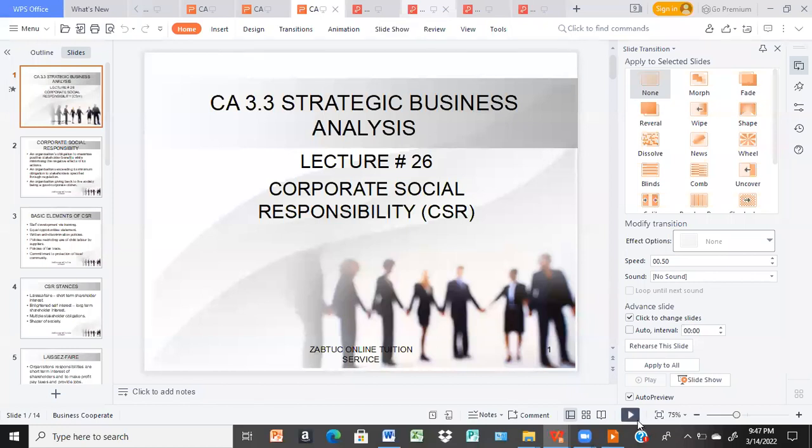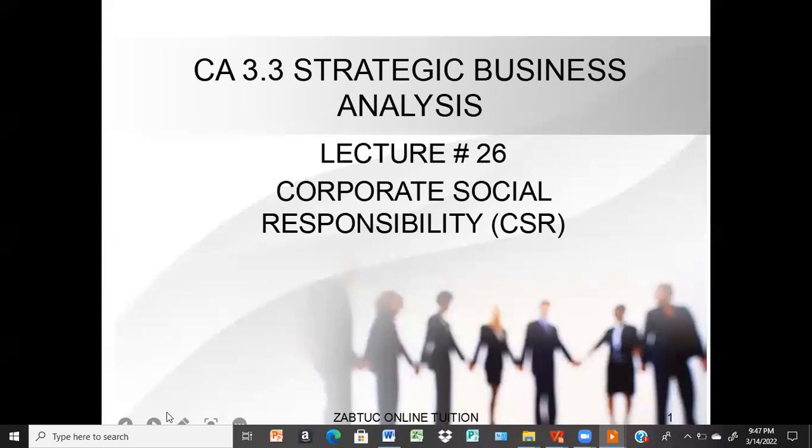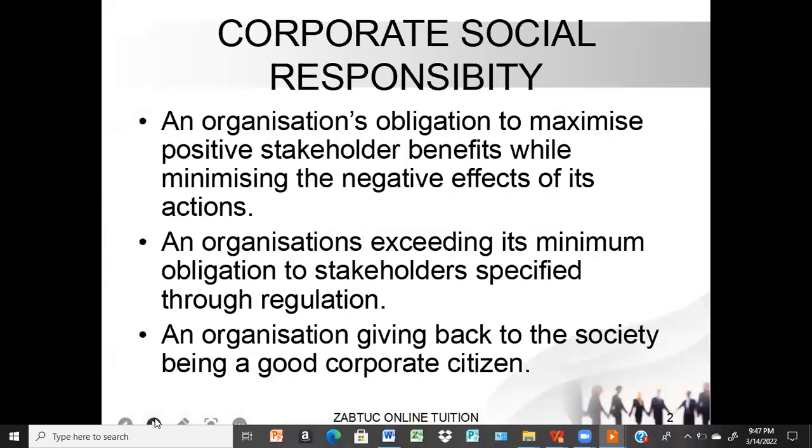When you looked at the concept of ethics, under ethics, we covered the concept of corporate ethics. Ethics as they relate to organizations.